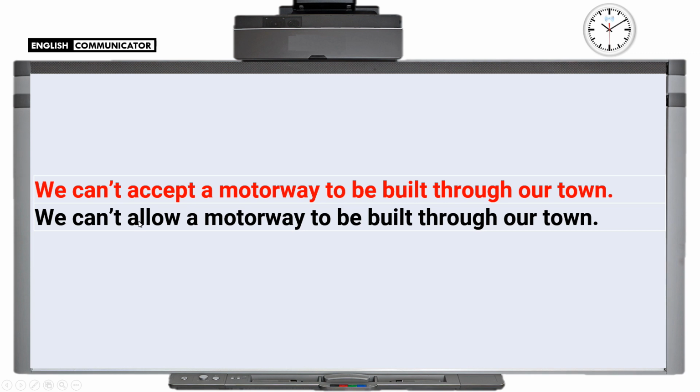That's not rupees or money or a check. It's your permission, it's your wish. And wish is always allowance. I allow. So please always use we can't allow a motorway to be built through our town, because this is against your wish and permission.